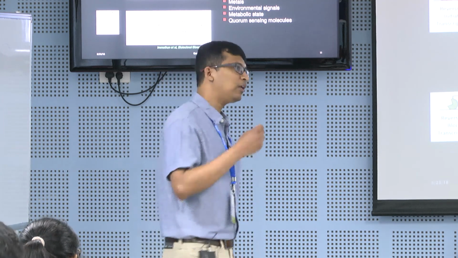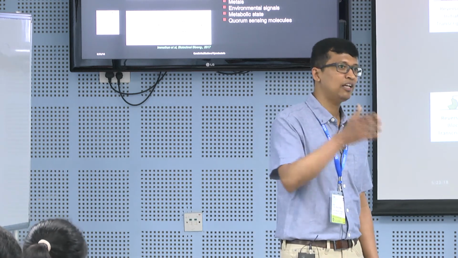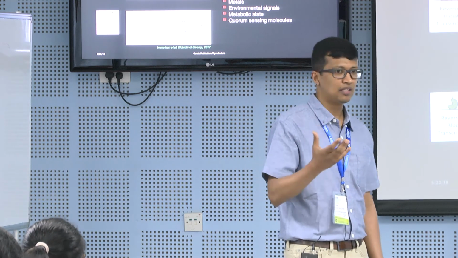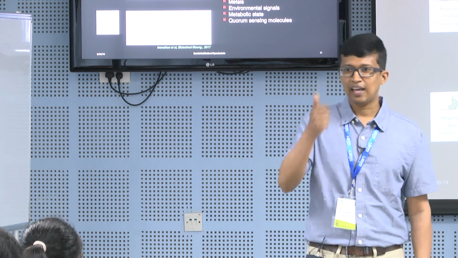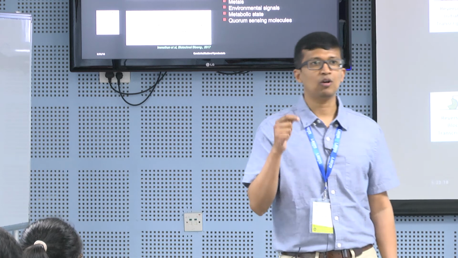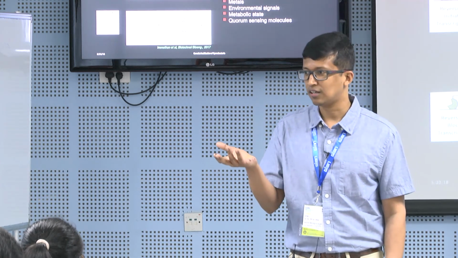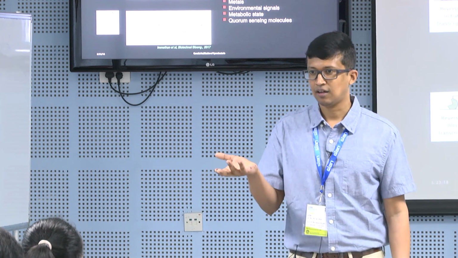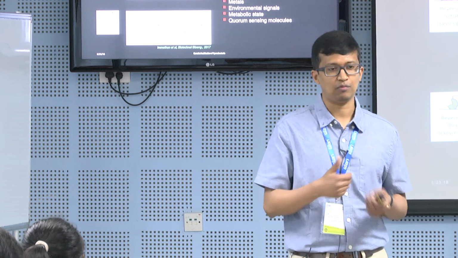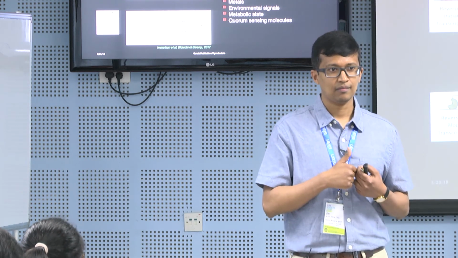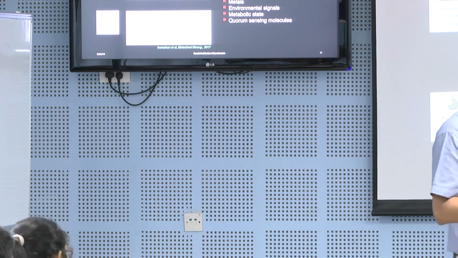If we just take CRISPRi or the CRISPR-Cas based system, if I give you the idea of transcriptional regulation, what is the first thing that comes to your mind? How can you regulate transcription, what is the simplest way of doing it? Inducer.